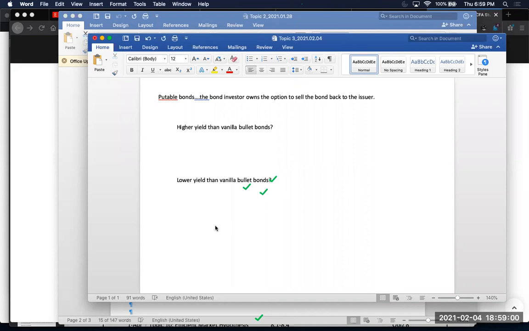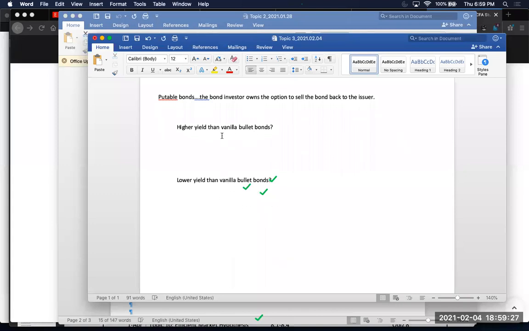The investor has to pay the issuer for that option. And the way that works out is that they say, well, I will lend to you at a lower interest rate. This is more favorable for me, the bond investor, so I will take a lower yield on my bonds than a vanilla bullet bond that is not puttable.